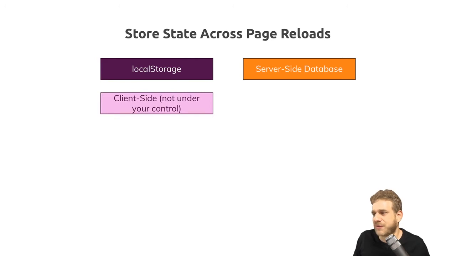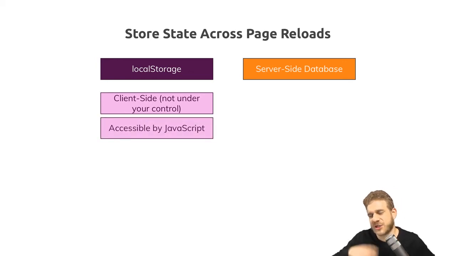So local storage runs on the client, so it's not fully under your control. With that, I mean that if the user clears the cache manually, uninstalls the browser, or something like that, this is of course gone. But the same is true for cookies, I guess, since they're also living on the client. It's accessible by JavaScript only, so there's a good and a bad thing.